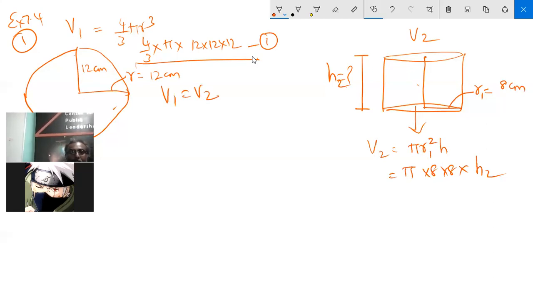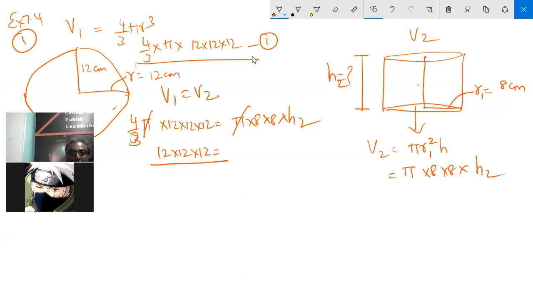So 4/3 pi into 12 into 12 into 12 is equal to pi into 8 into 8 into h2. Cancel this pi and pi. Then 12 into 12 into 12 divided by 8 into 8 into 4 into 3 is equal to h2. That's all. So what you have to do? 3 will go in 12 4 times.